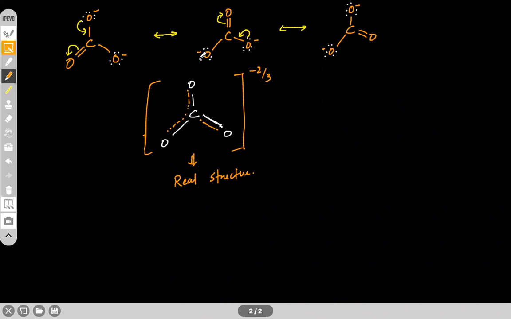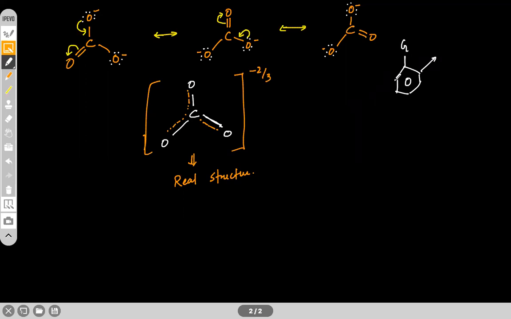We have also seen that these 2 effects, +M or -M, affect the ortho and para positions, right? The meta position is unaffected by this, which means any group present at the meta position does not show a resonating effect. You see, this is the benzene ring, and this is the group attached on the ring.